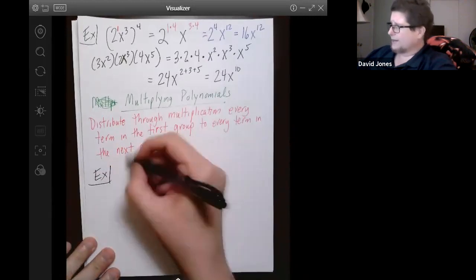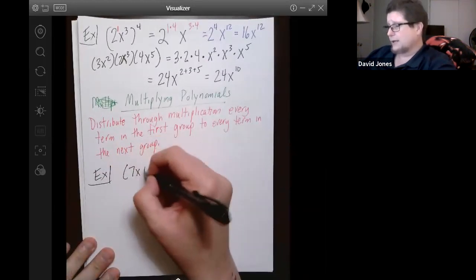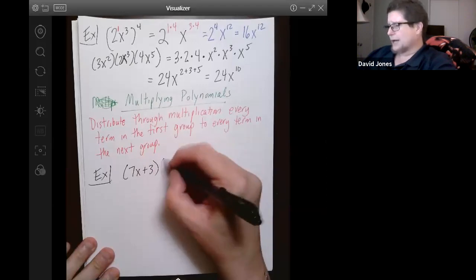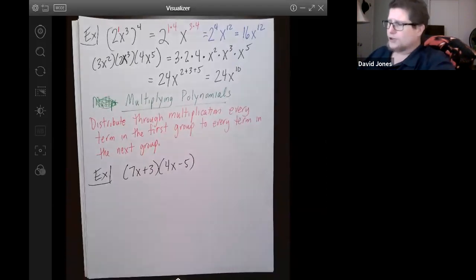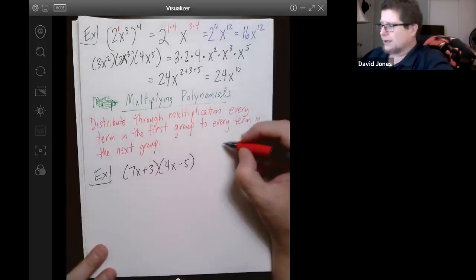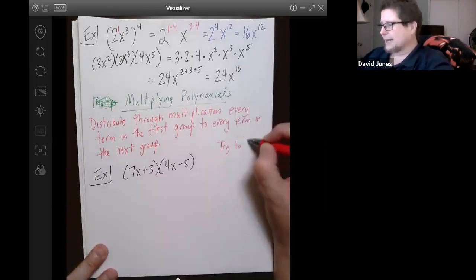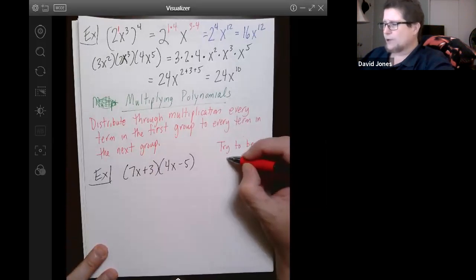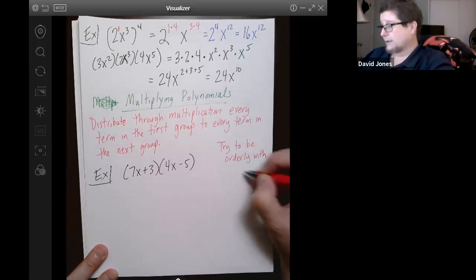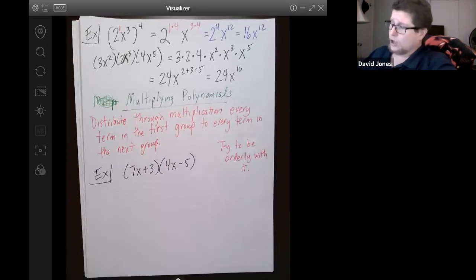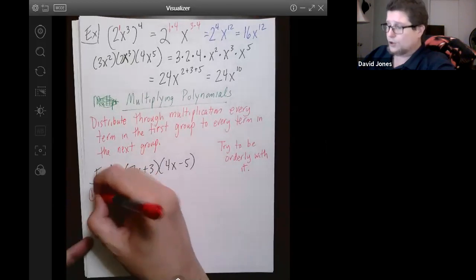So let's say we've got 7x plus 3, and we're going to multiply it by 4x minus 5. When you distribute through multiplication, try to be systematic with it, or try to be orderly with it. So on part 1, I'm going to do it in 2 parts.